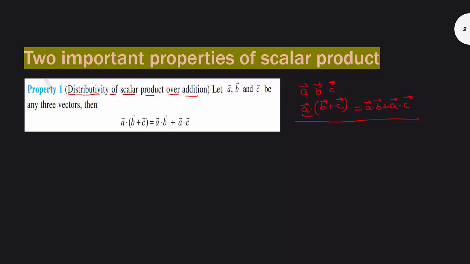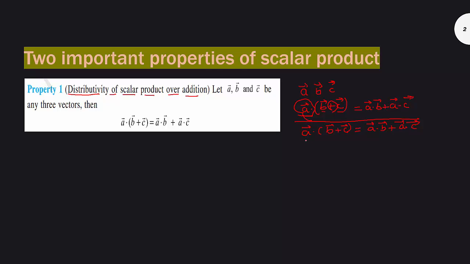That means here the dot product is going to distribute over the addition of two vectors B and C, that is vector A dot (vector B plus vector C) is equal to vector A dot vector B plus vector A dot vector C. Very simple.